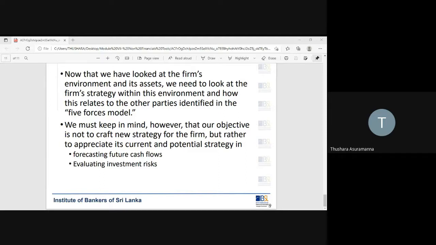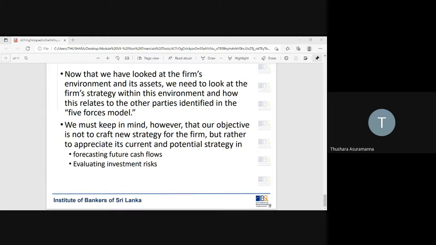Competition is one of the key factors, hence we use different models to understand the competition. Based on that, you will say this is a high risk market, low risk market, or medium risk market, highly competitive, low competitive, or averagely competitive. So based on that, you need to have your strategies done.